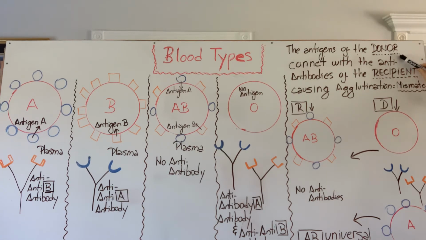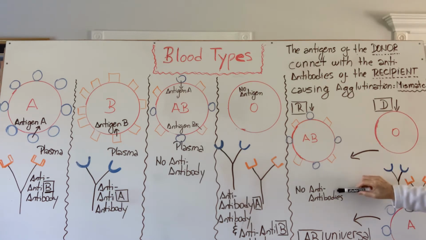Antigens on the donor's blood type surface connect with antibodies of the recipient. So right here we have none, zero antigens.